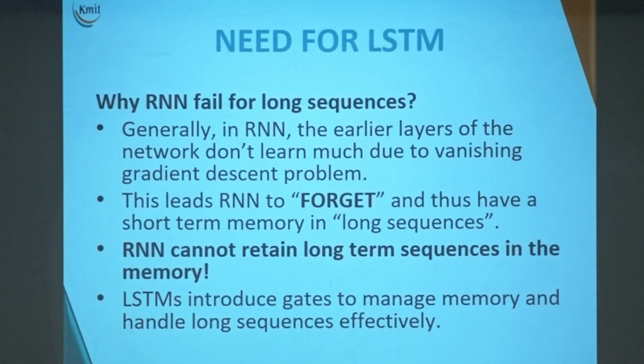Now, why did RNN fail for long sequences? The earlier layers of the network don't learn much due to the vanishing gradient problem. I'll explain this. This is the input layer, feed forward, output. In back propagation, what will happen? Output, loss calculation, updating which layer first?